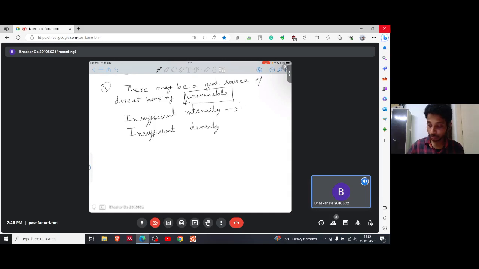So intensity for optical pumping, and density for electron.